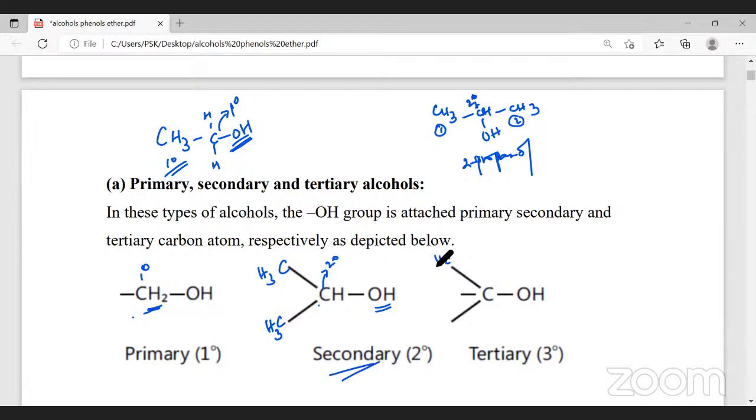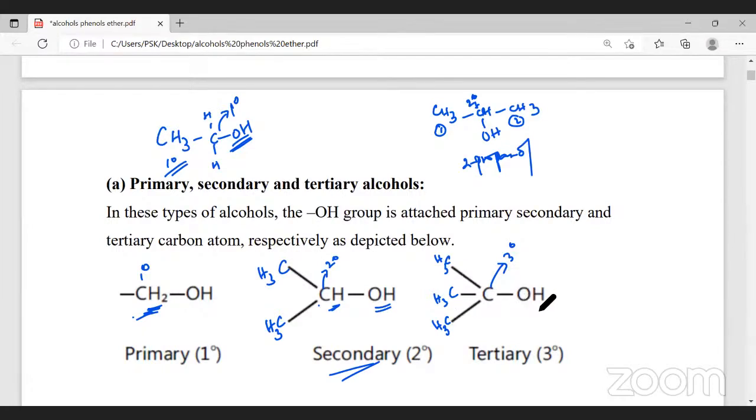Now, similarly, tertiary alcohol is defined as a carbon atom, with an OH group, bonded to a tertiary carbon atom. See, a primary carbon atom will have 2 hydrogens, a secondary carbon atom will have 1 hydrogen, a tertiary carbon atom will have no hydrogen. So a carbon bonded to 3 other carbon atoms is called a tertiary carbon atom.